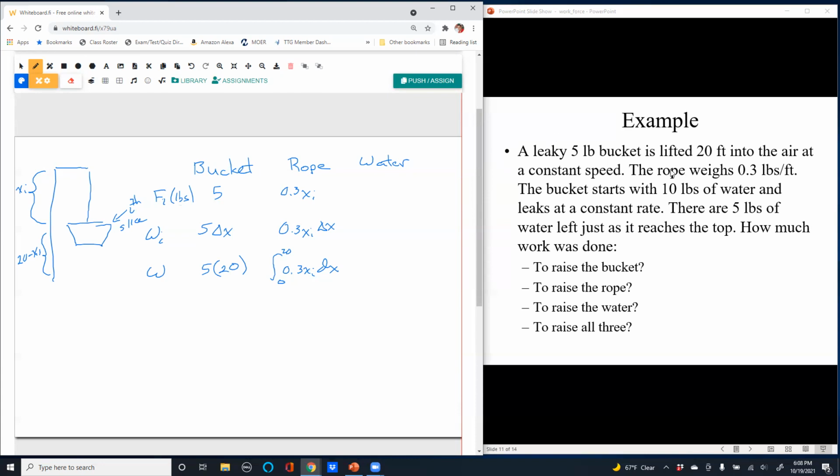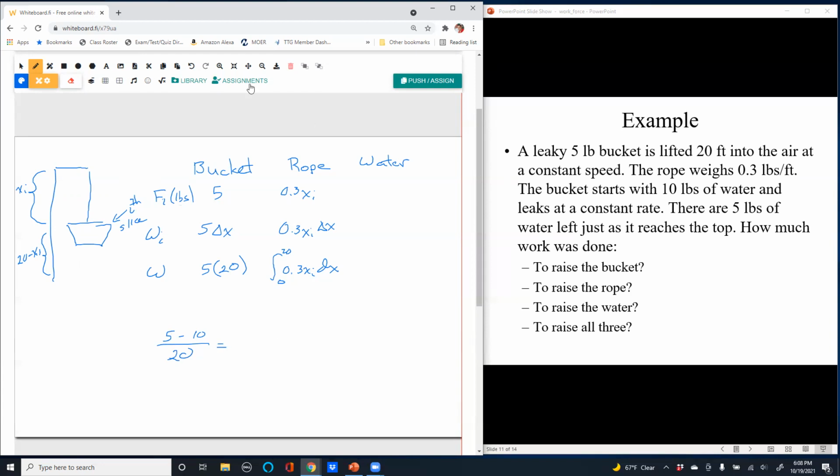Now, this is similar to the rope: we need to know the change in pounds per foot. At the 20-foot mark, it's going to be 5 pounds, and at the bottom, it was 10 pounds, over 20 feet.